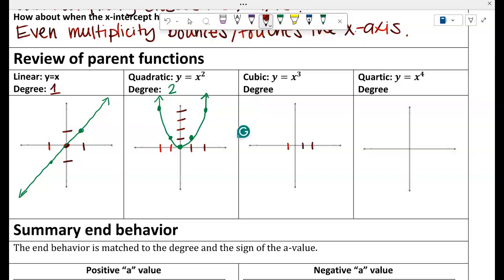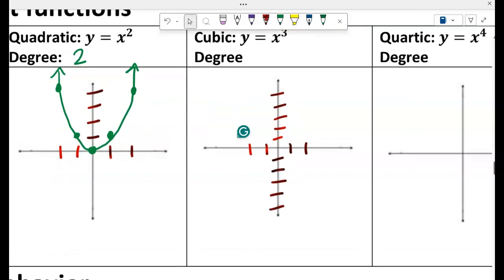Then we have a degree of 3. On the y-axis, we are going to scale it by 2, so let's go 2, 4, 6, 8.